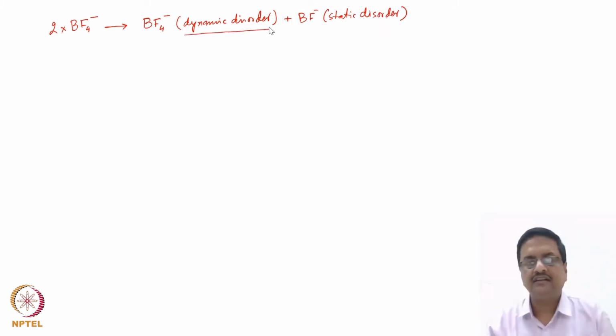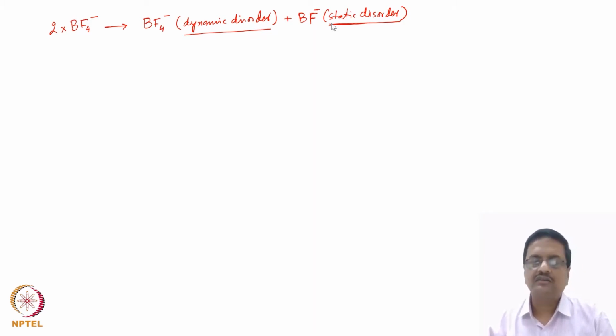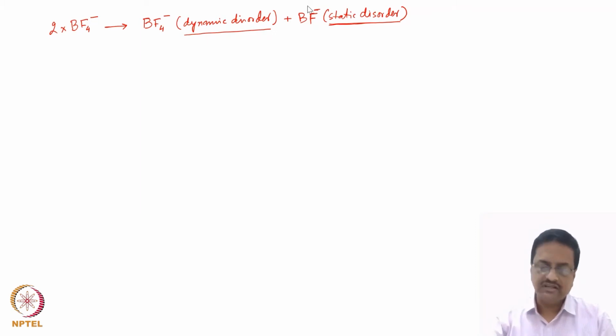This disorder is related to the temperature of data collection. On lowering the temperature of data collection, this dynamic disorder slowly reduces, and at a lower temperature like 100 Kelvin, it nearly disappears. Whereas the static disorder does not depend on temperature. On lowering the temperature, the thermal ellipsoids of the atoms associated with the disordered part reduce, but they don't completely resolve. And these disordered portions appear at two different sites in the unit cell.